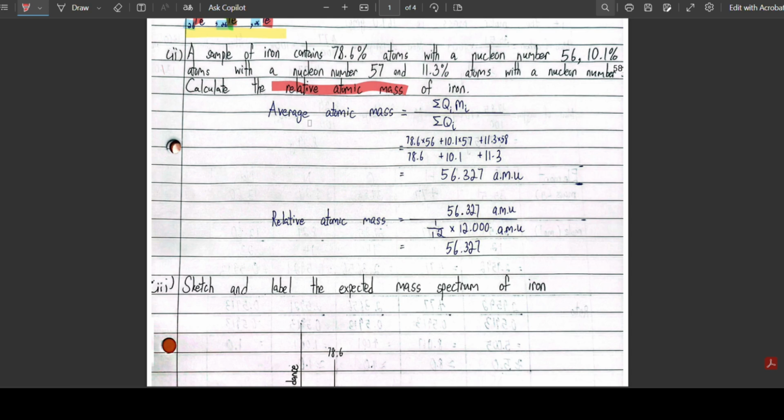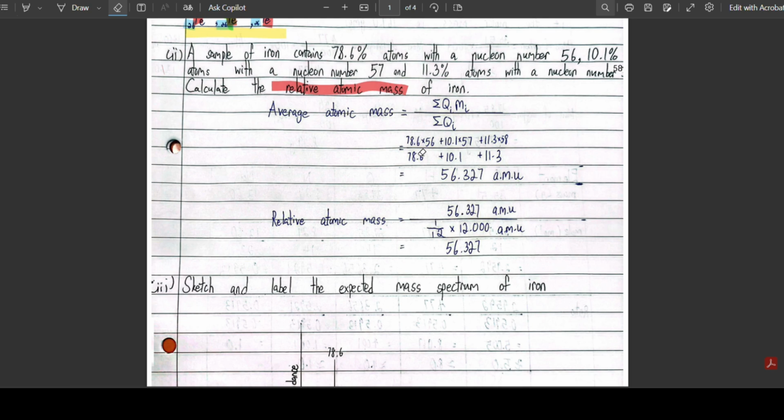So, for average atomic mass, the formula will be like this, where Q is the relative abundance, and M will be the isotopic mass of the element.